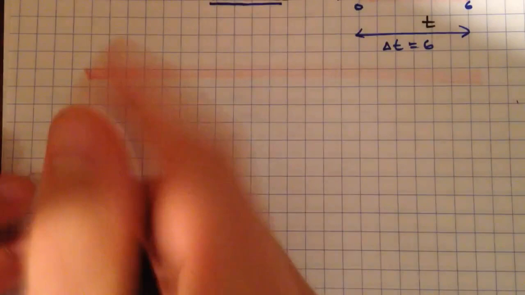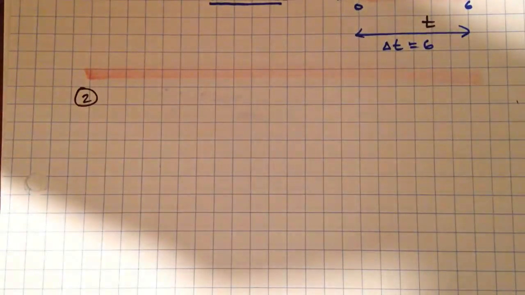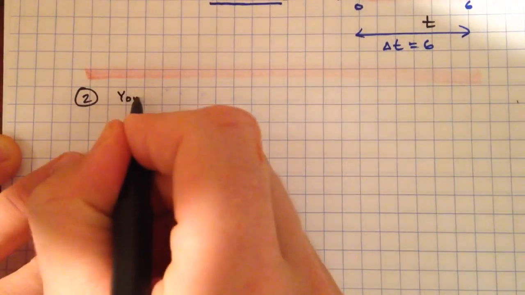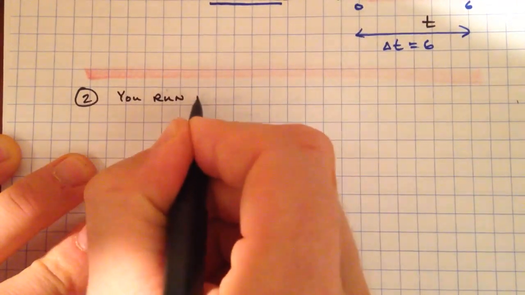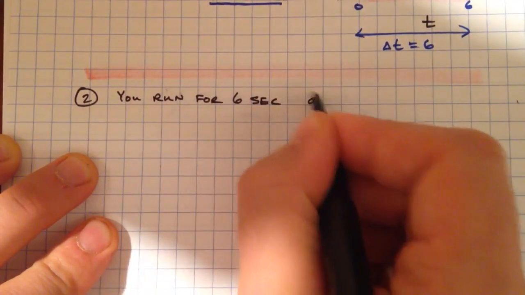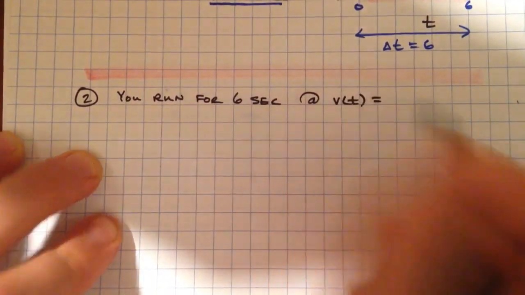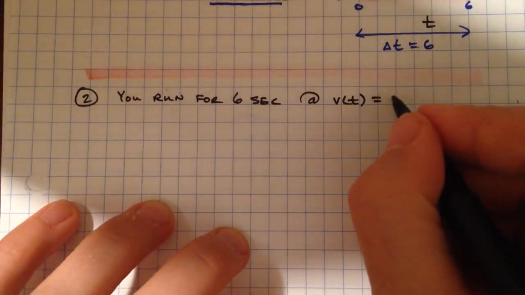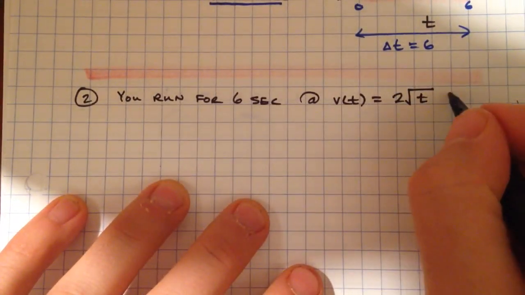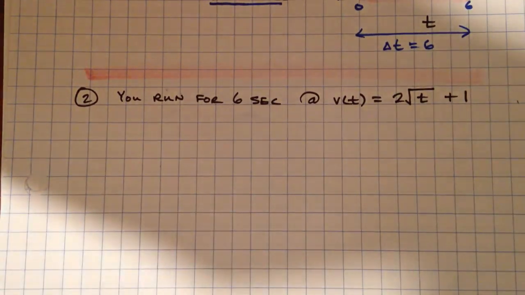Now, imagine that we go a step further. It's day 2. We're going to do some running, but this time you run for 6 seconds where your velocity is not constant, it's variable. And suppose that it's given by the equation 2 times the square root of t plus 1.